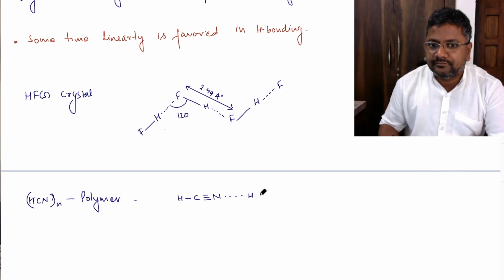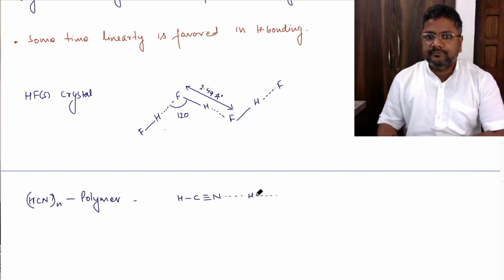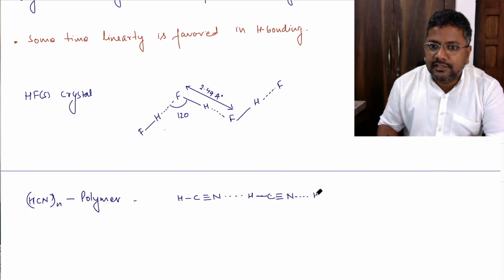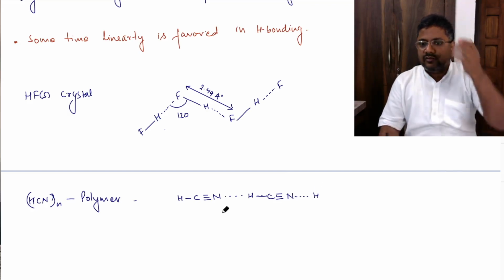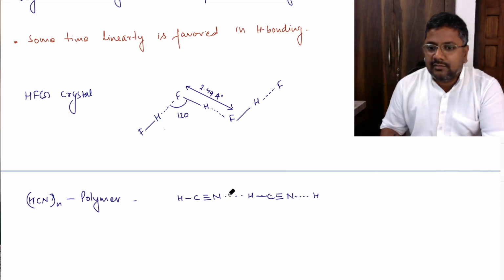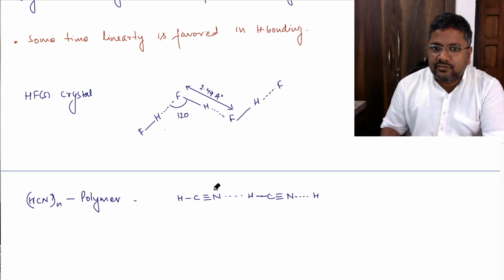This type. So if you see here, the lone pair of nitrogen is in the sp hybrid orbital, so in the sp hybrid orbital this is linear. Basically here this is totally linear.